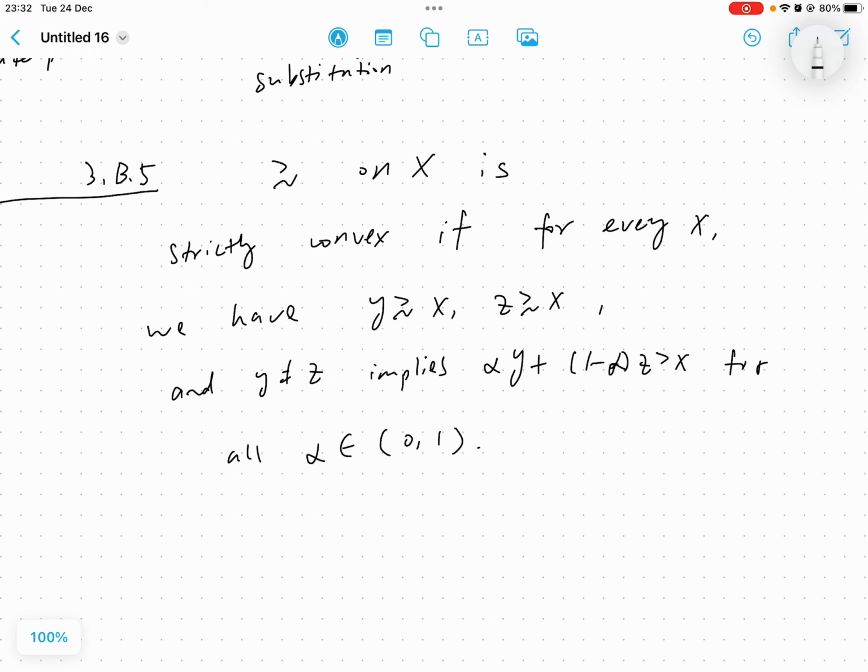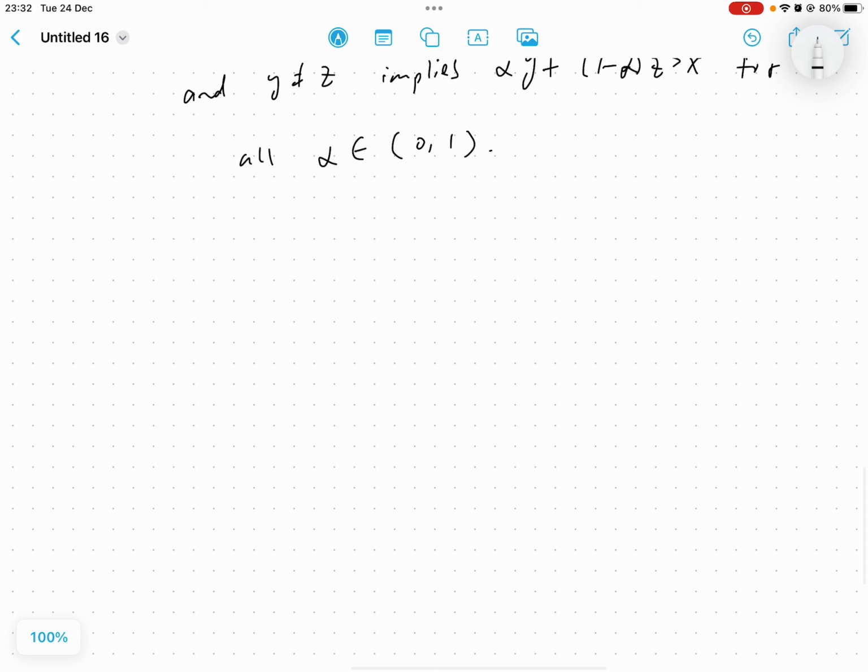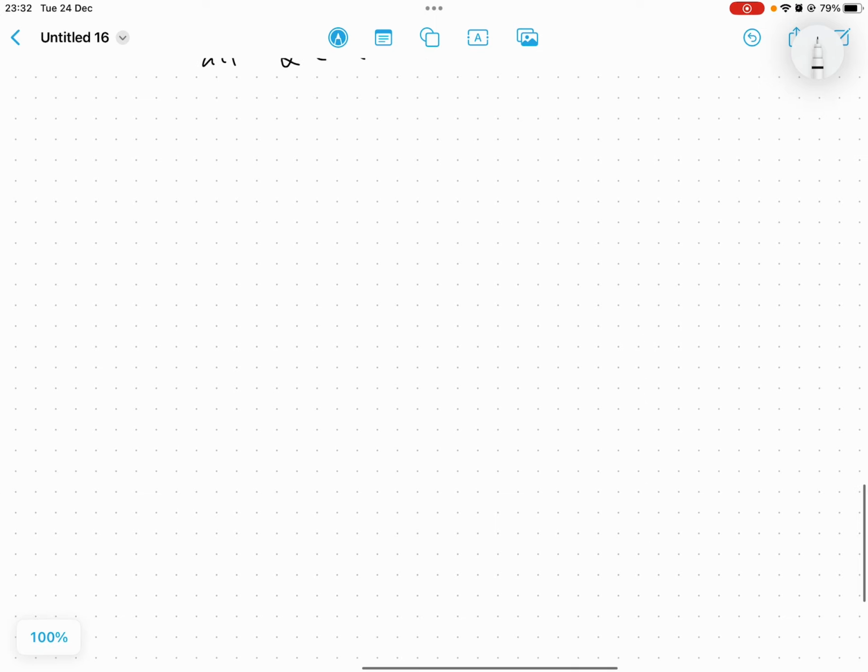Again, similarly, we draw a picture to indicate a counterexample: a preference that is convex but not strictly convex. You could perhaps immediately imagine an example: we simply need a straight segment as part of the indifference curve.